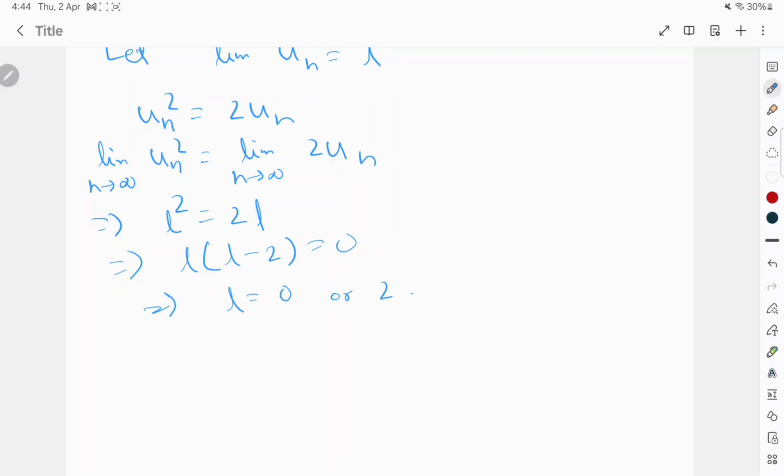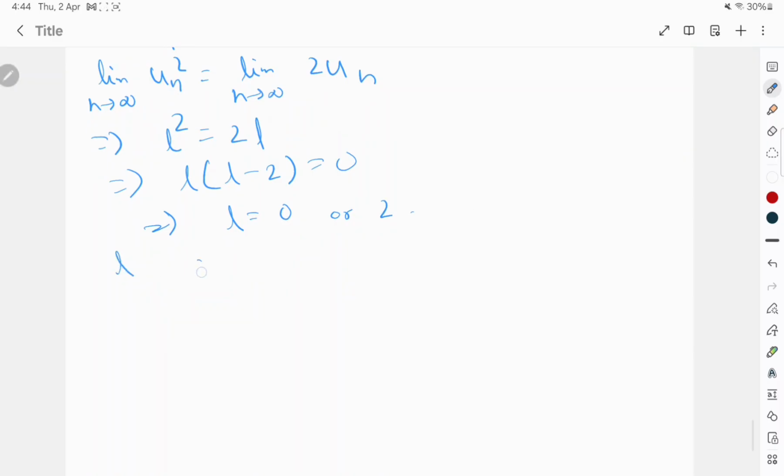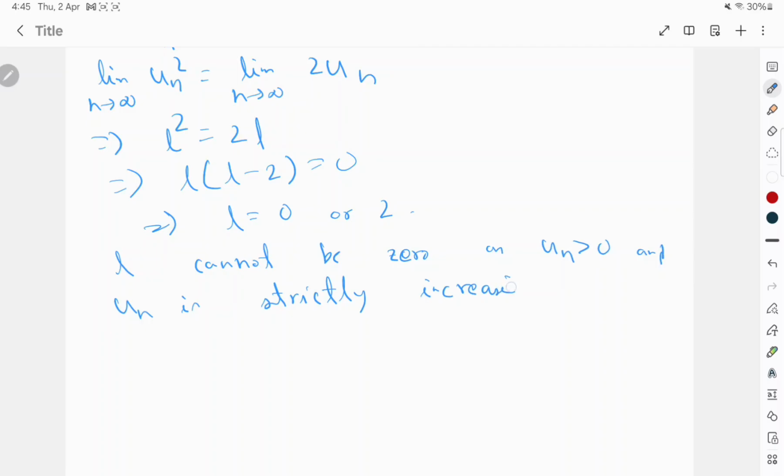Obviously it cannot be 0, because all numbers here are greater than 0 and un is strictly increasing. So L is 2. In this way you have proved this.